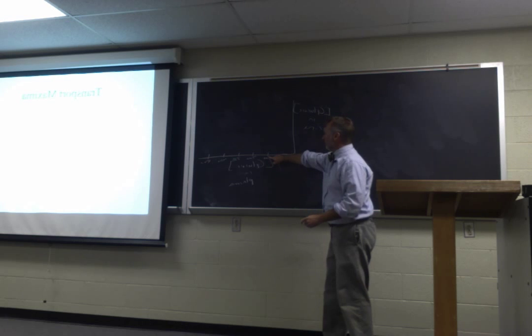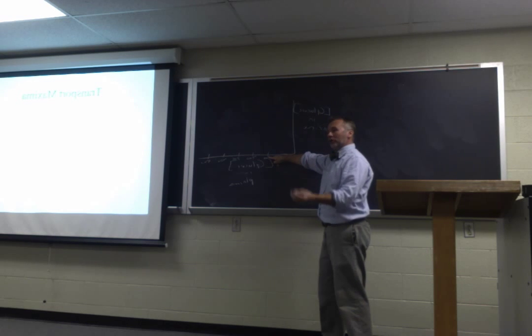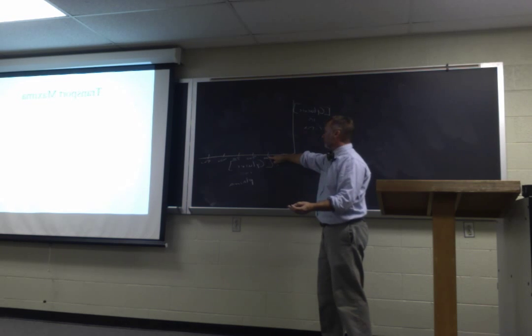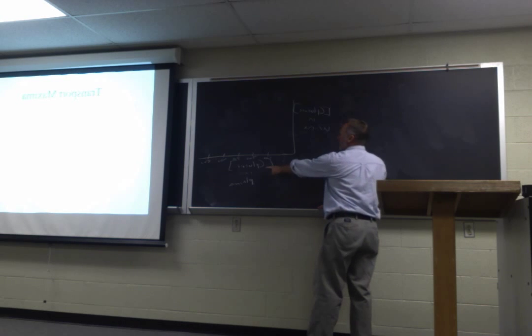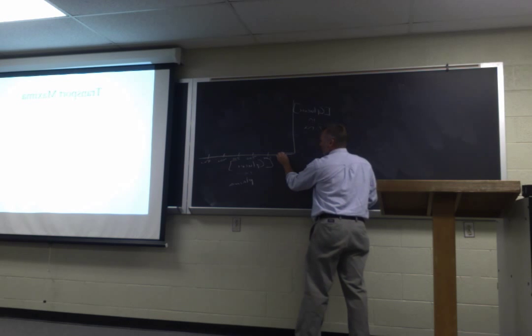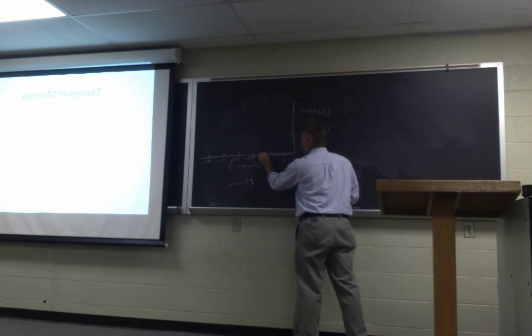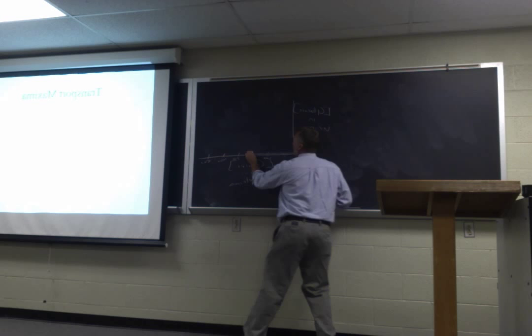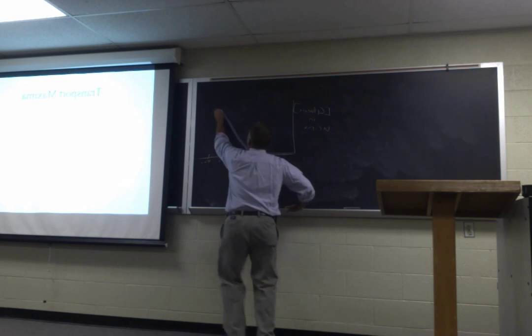You recall that homeostasis for glucose in your plasma is about 100. As long as glucose is in a normal range, there's going to be no glucose in your urine.